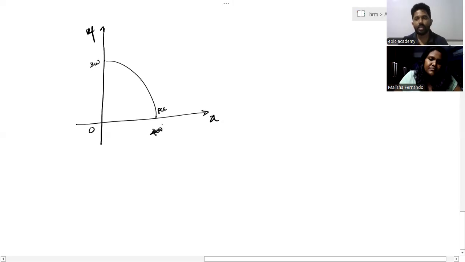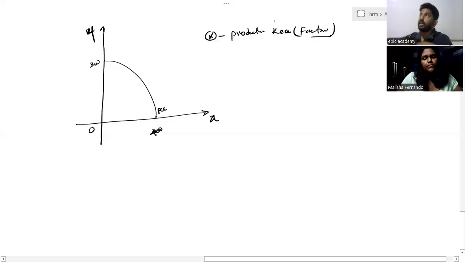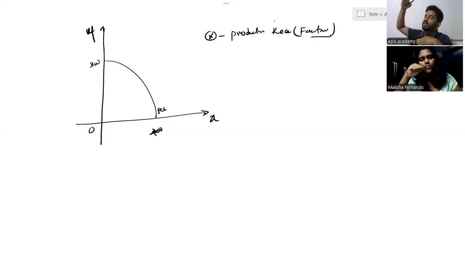So what are the reasons behind economic development? Only two factors are there. If we can increase the production resources, we call them production factors, namely land, labor, capital, and entrepreneurship, we can increase the production amount.